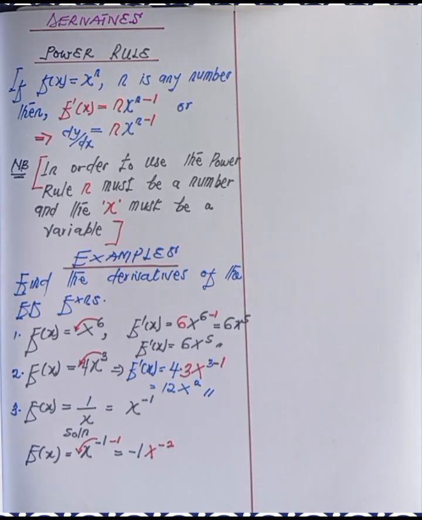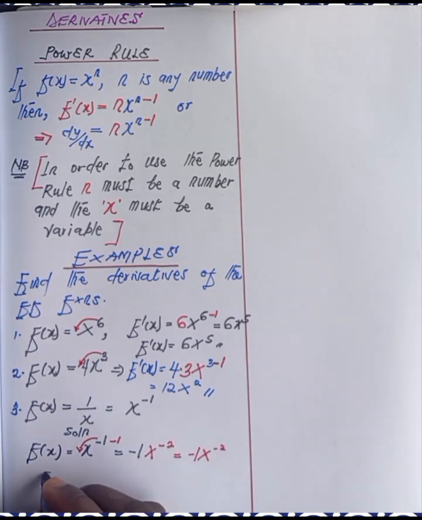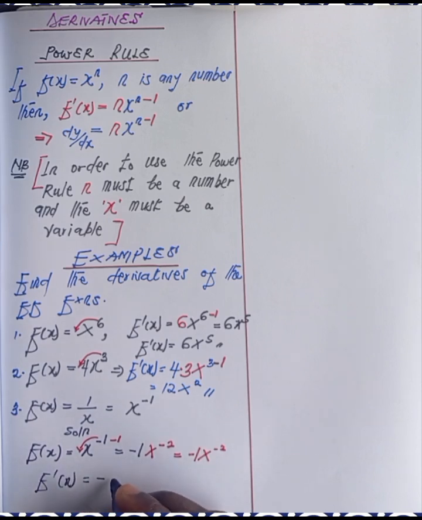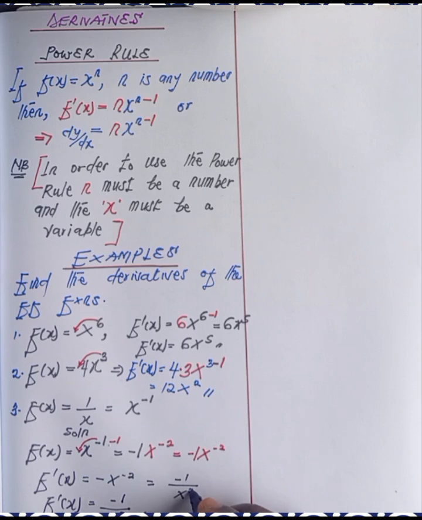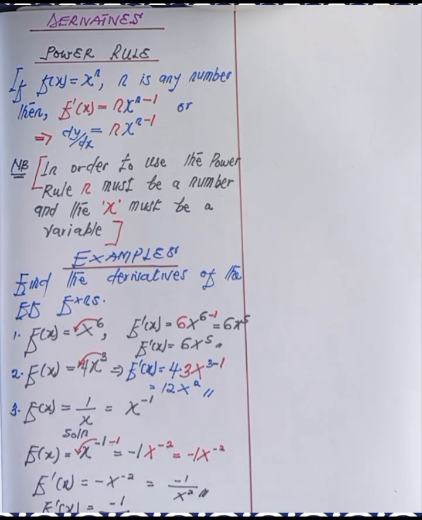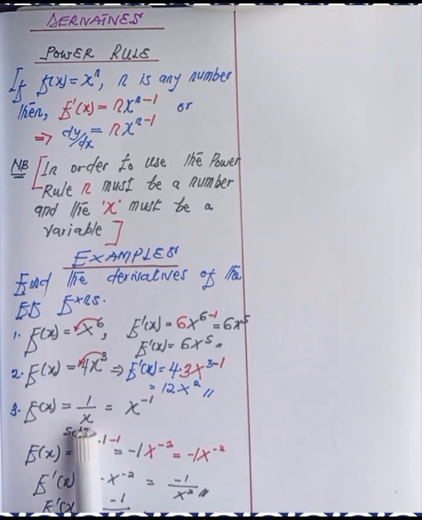Good. f prime of x is given as minus x exponent negative 2. This is the same as negative 1 over x exponent 2, and this is the derivative of the function 1 over x.